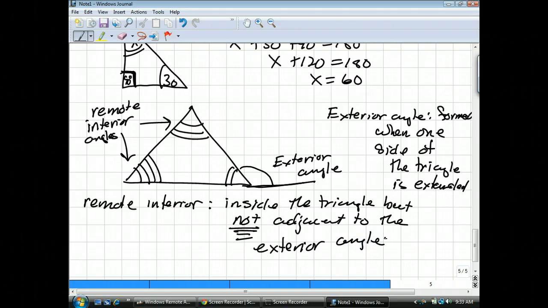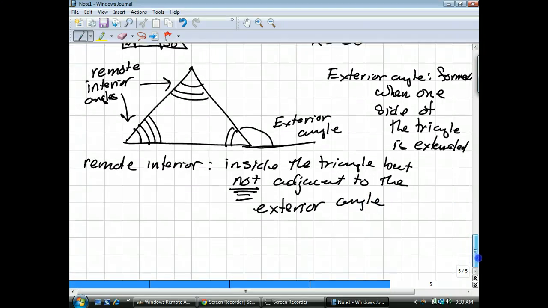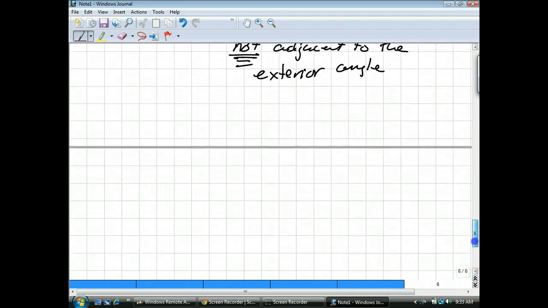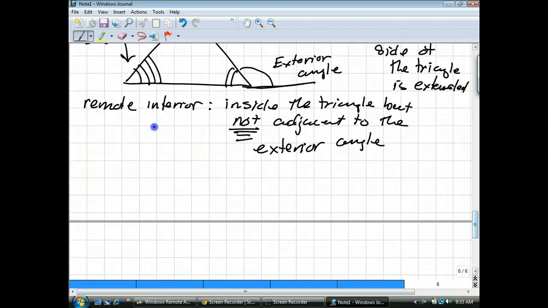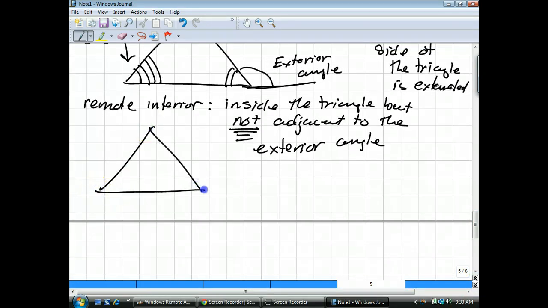Okay, and so it's always in terms of where the exterior angle is. So if I took the triangle and I decided to extend this side, which would create this angle, we'll call it angle X, then the remote interior angles would be this angle and that angle. Okay, so it's always in terms of where the exterior angle is.